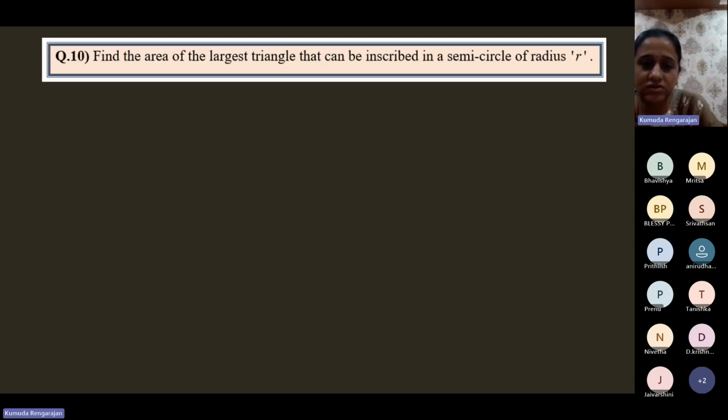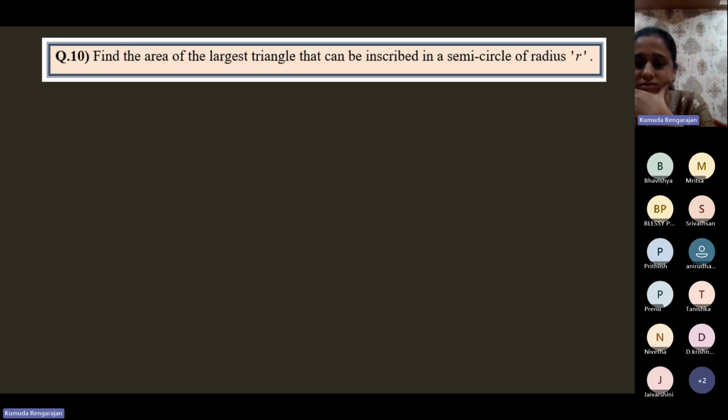Next one. Find the area of the largest triangle that can be inscribed in a semicircle of radius r. So the largest triangle, what's the formula to find the area of a triangle?